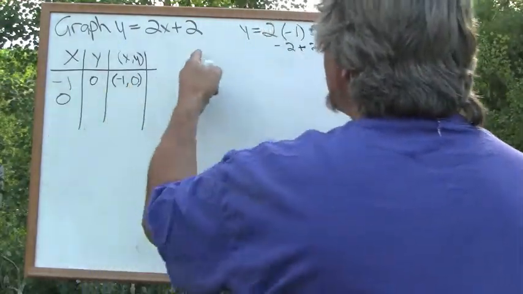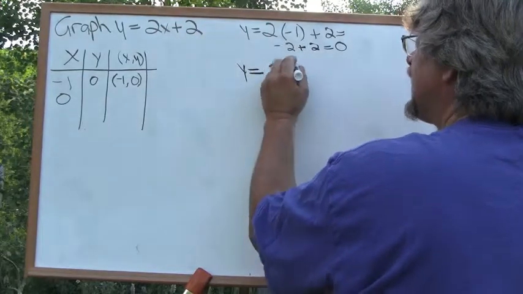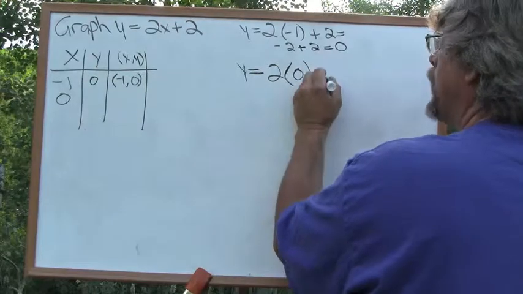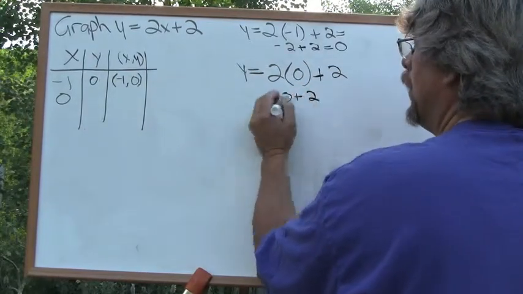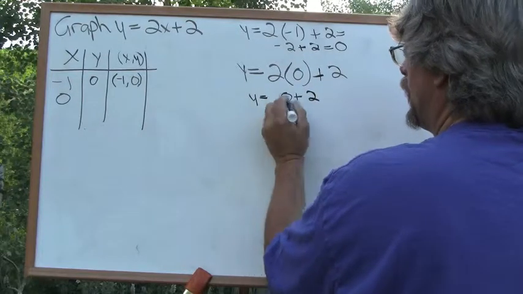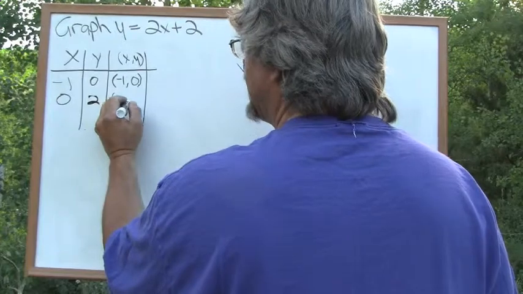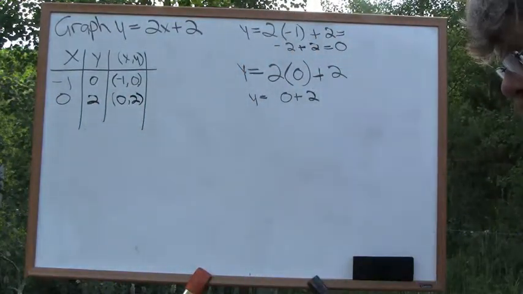So when x is 0, then y equals 2 times 0 plus 2, plugging 0 into x. This is 0 plus 2, so y equals 2, and there's our second coordinate pair, 0 and 2.